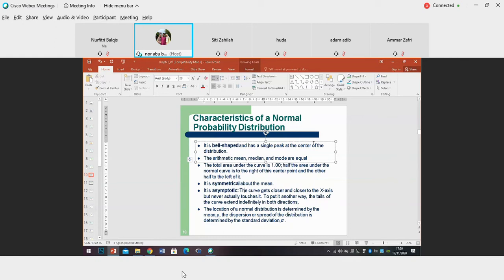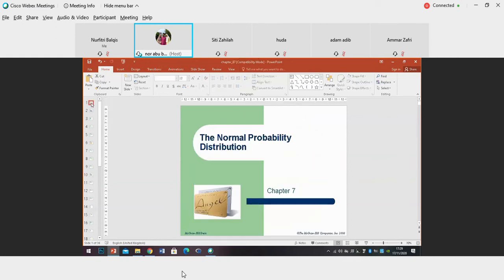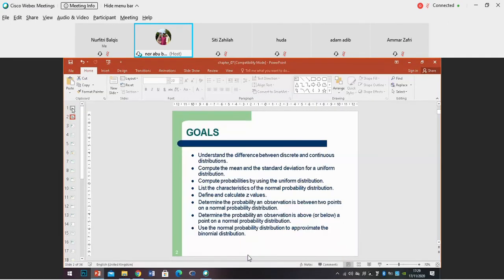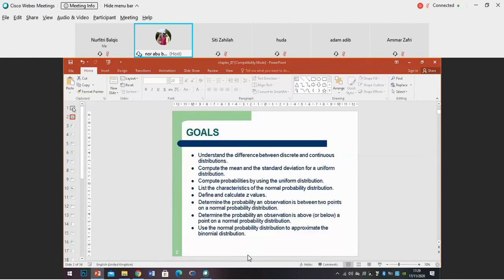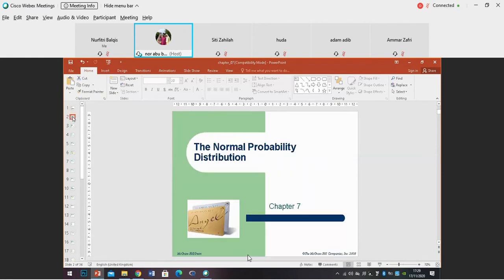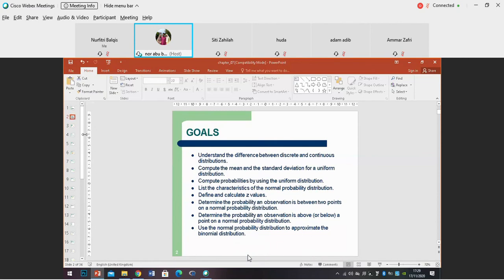Okay, now there's another part that I discussed with the other group yesterday, on normal probability distribution. Kita dah belajar probability kan? Next part is on probability distribution.